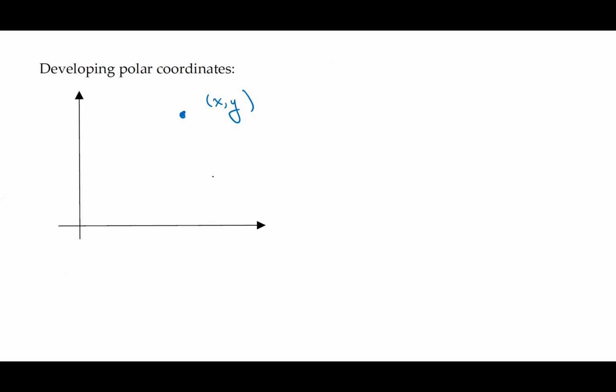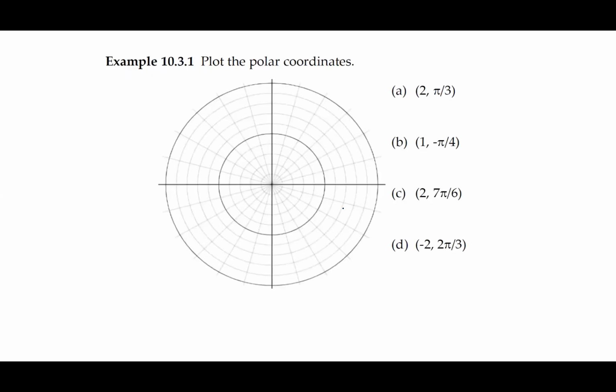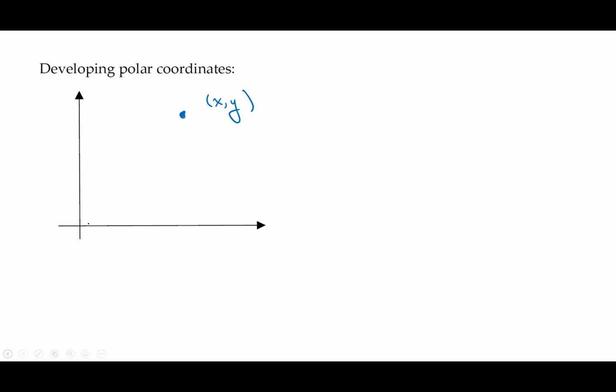Well, there's another way that we could describe points in the plane. We could think of the points as being a distance from the origin and some angle that is made with the positive x-axis.